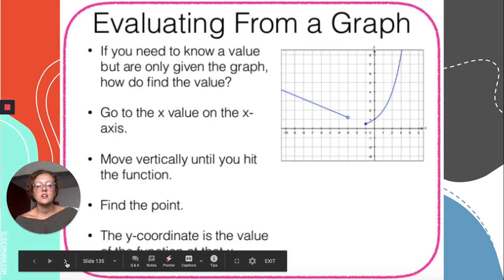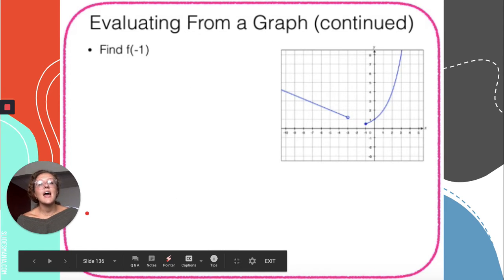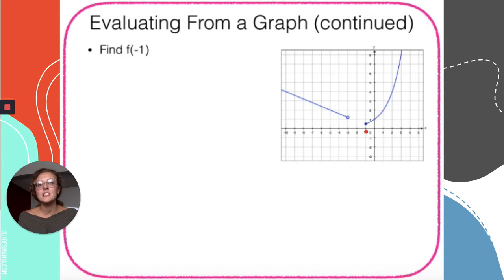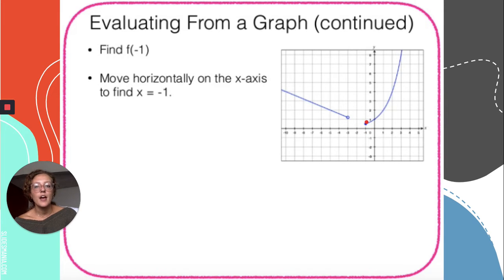Okay, so if I look on this graph here, find f of negative 1. So what I'll do is I will go to negative 1 on the x, because remember, it's f of x, so negative 1 is the input, it's the x. Then I'll go up till I hit my function, and it's right there, okay? So I've got x equals negative 1.